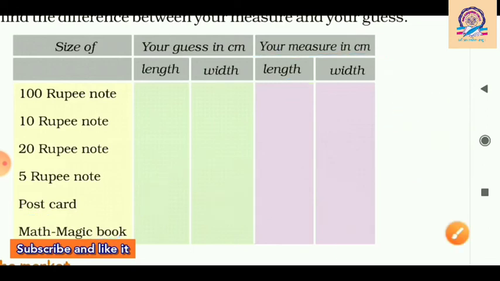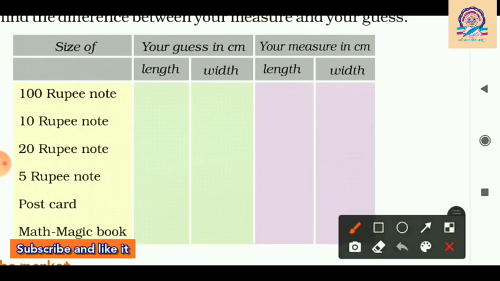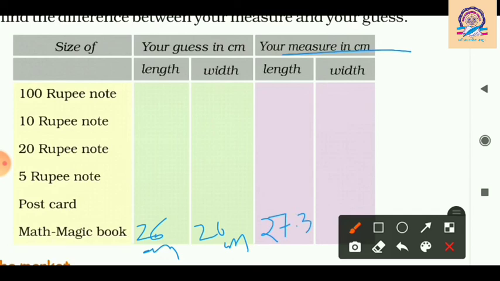Now mathematics book. So let's suppose its length may be 26 centimeter, okay, and the breadth is 20 centimeter. You have your own mathematics book, just watch it and then fill it. Now measure it. When I measured it, I found it was about 27.3 centimeter length and the breadth was 20.5.